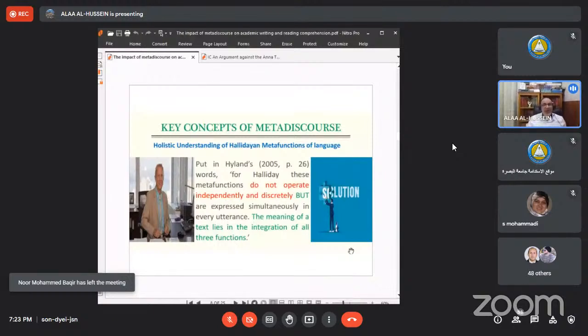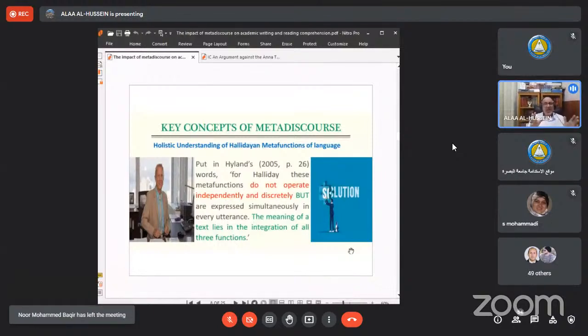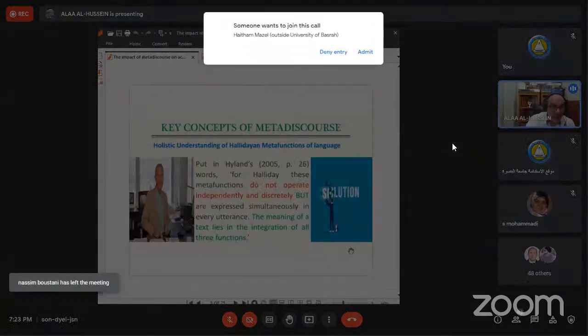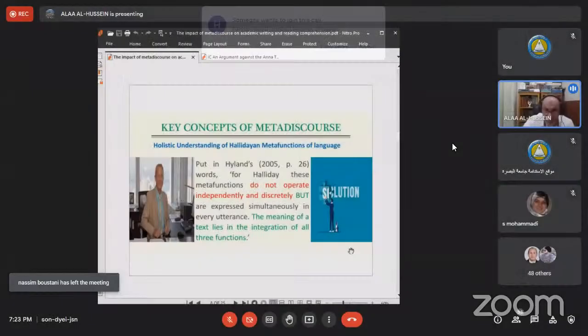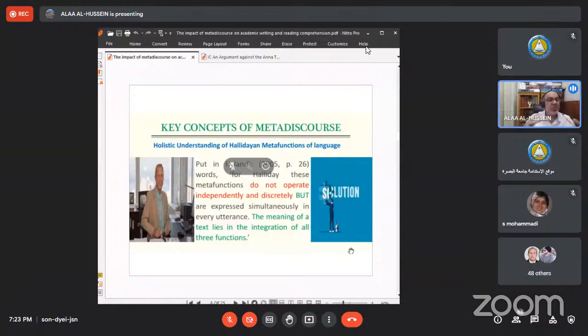As I already explained, one important key concept of meta-discourse is that the meta functions of language by Halliday should be understood holistically rather than separately, because they work together in order to convey the message of the writer or of the speaker.